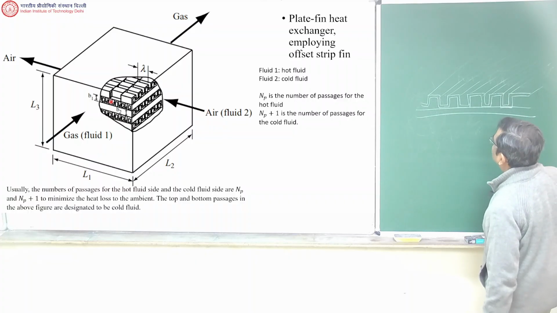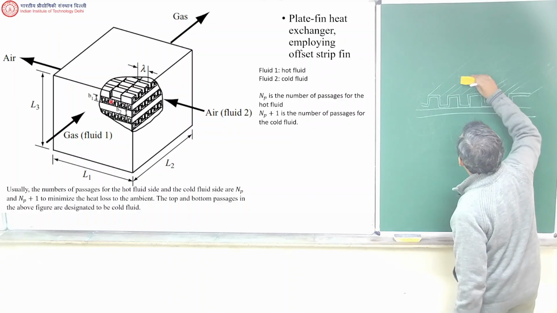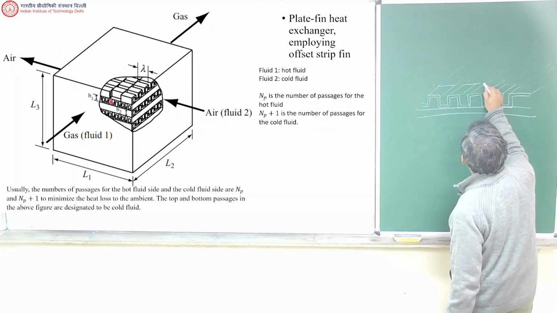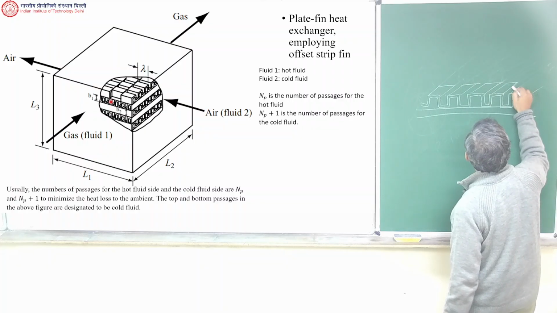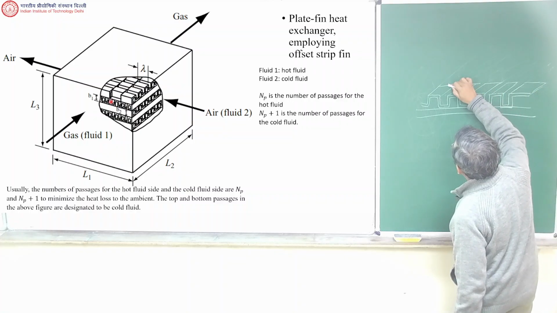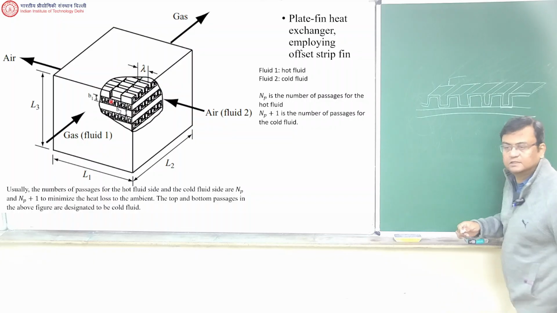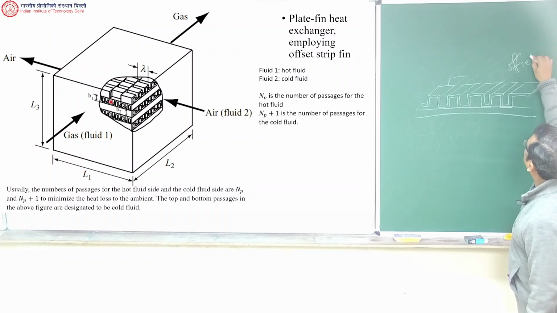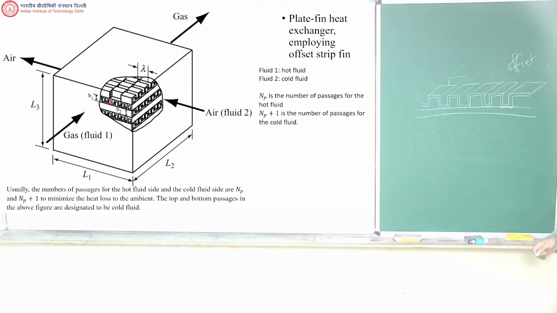But what is done is we don't use it like this. So we have only up to some length. And then behind this, we have another layer which is offset. So the word is offset. Okay.